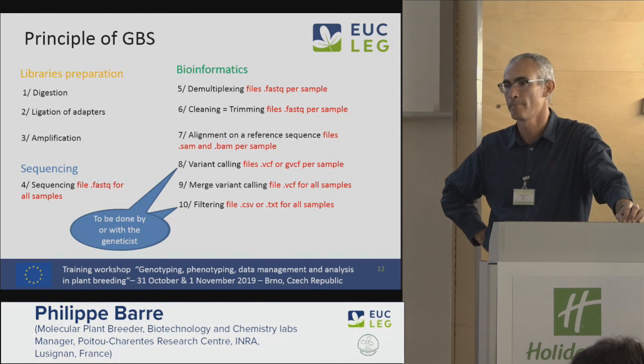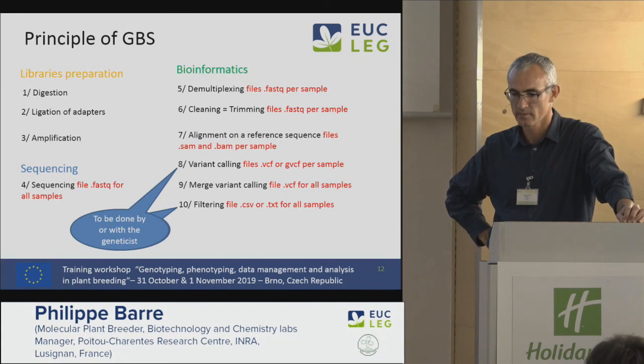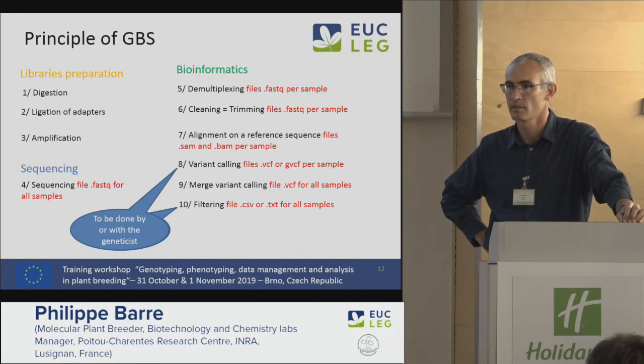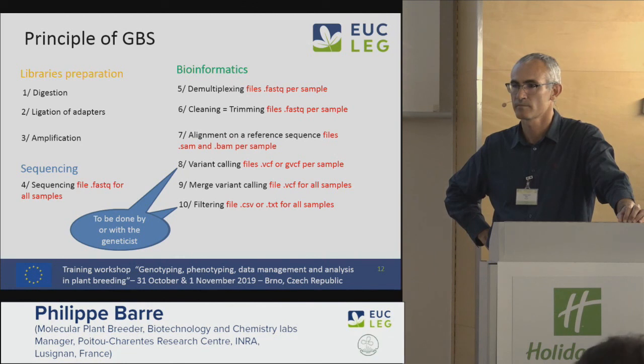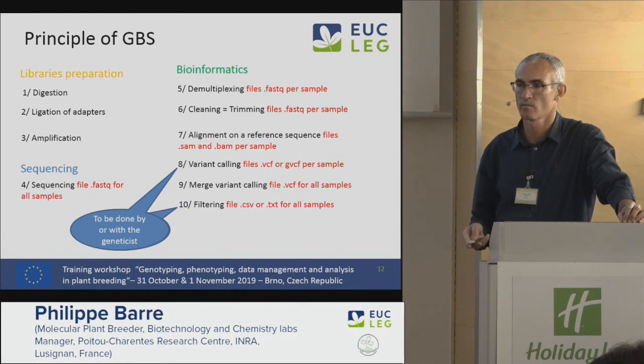Yes, there is something that I don't understand in steps number 7 and 8 with variant calling. I don't understand why you can have doubt whether a locus is homozygous or heterozygous. If it's homozygous, how can you have a different variant in these short sequences?